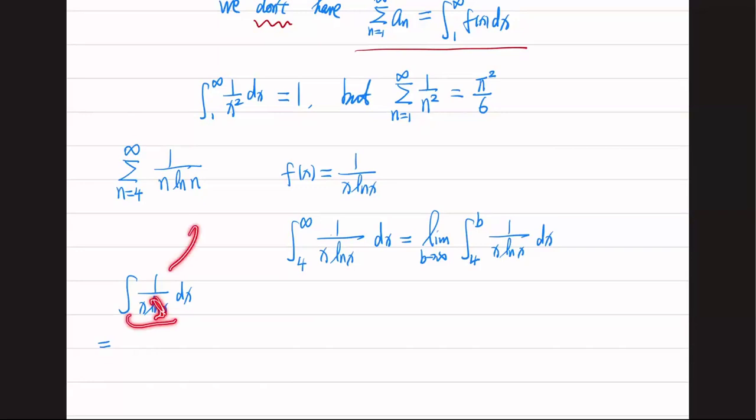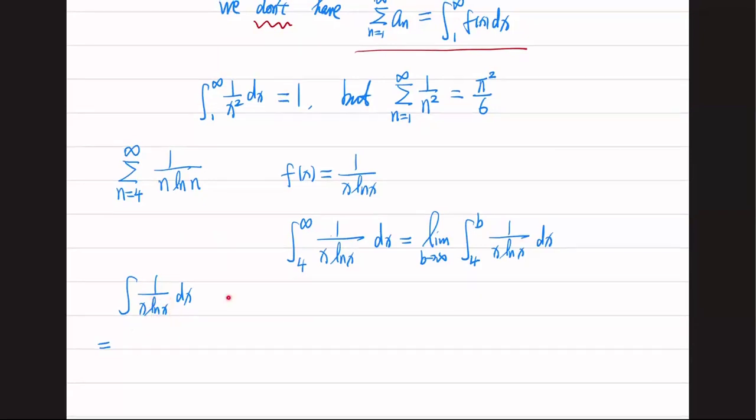The antiderivative will be logarithm x. Now we have an additional one. So we can use u substitution. This u, then du will be 1 over x dx. This becomes 1 over u du.